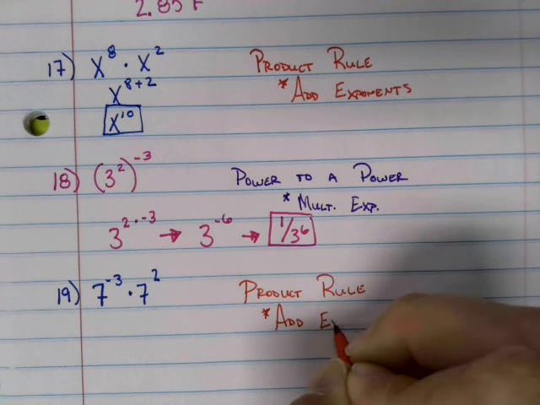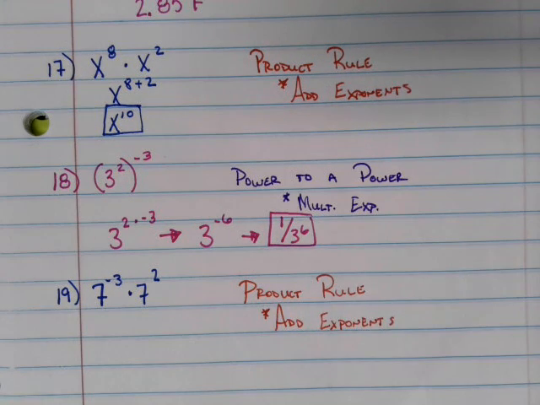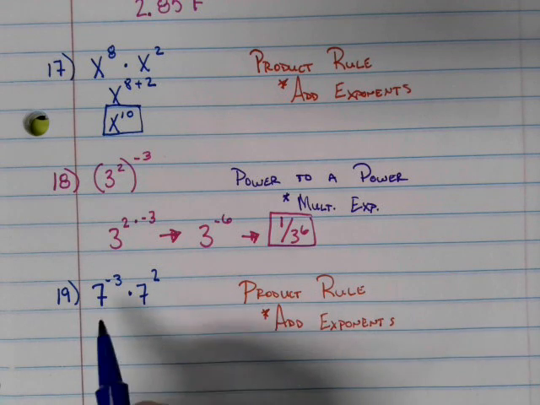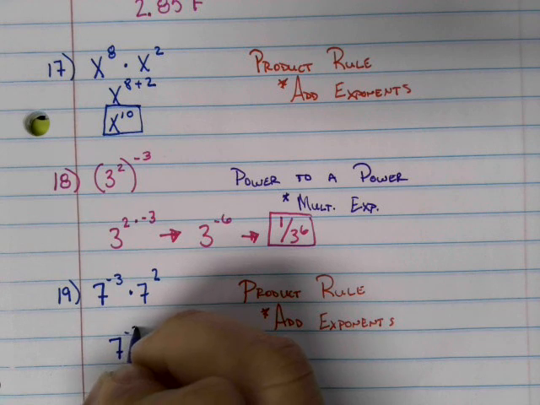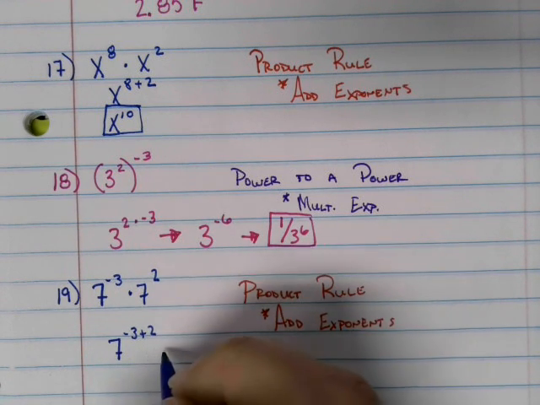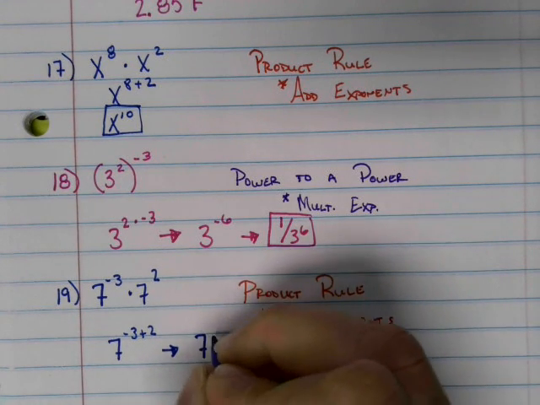We add our exponents. They have similar bases, which means we're going to have a base of 7 to the negative 3 plus 2. And what's negative 3 plus 2? You owe somebody $3, you pay them 2. Negative 1.